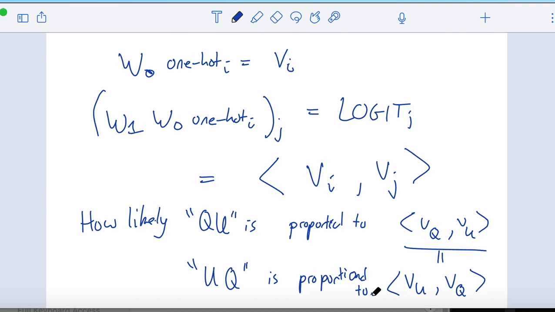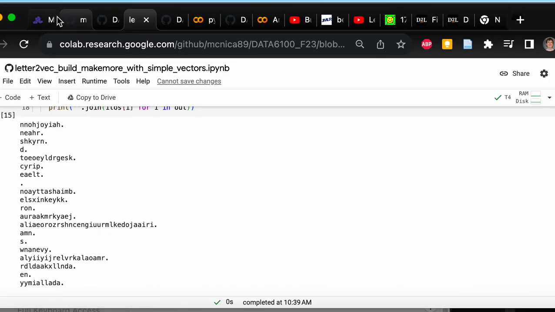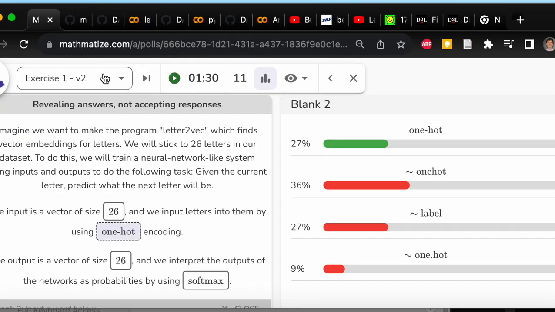And therefore, our network kind of thinks that a Q followed by a U is doing the same kind of thing as a U followed by a Q. It's not exactly the same because the proportional-to is different, right? The set of vectors you add over is different, but they are related. So here's the question for you. Take the very simple thing we just did in the code and got these results. How could you improve it?